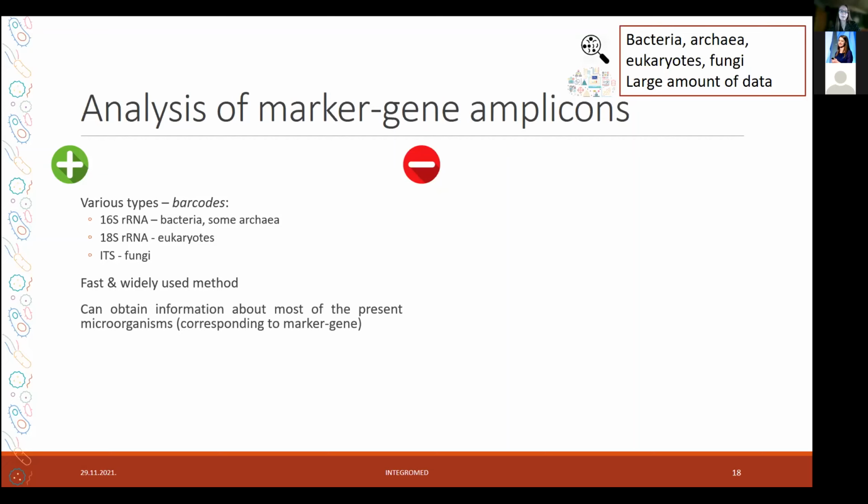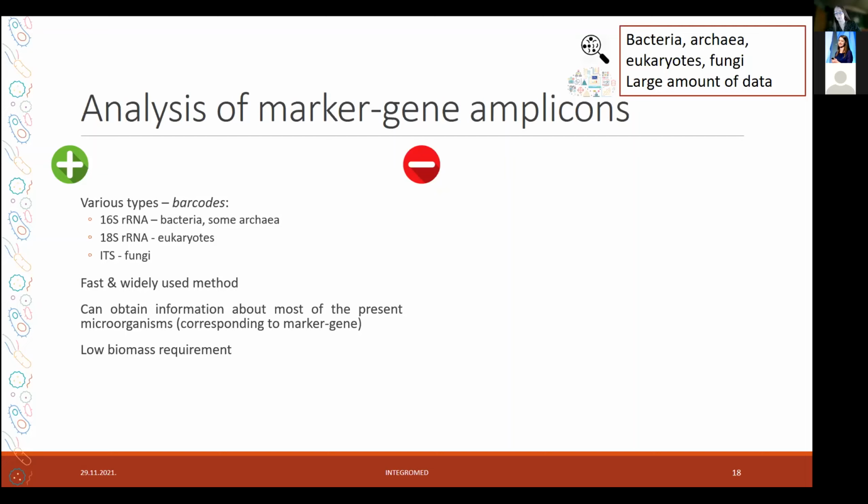We can obtain information about most of the present microorganisms, of course limited to the corresponding marker gene. However, if you're interested in bacteria, that could be enough to answer our questions. Also, there is a low biomass requirement, which is really important for some more exotic microbiome locations. For example, we know that skin microbiome has a lot of host DNA, therefore 16S analysis is really suitable for that.